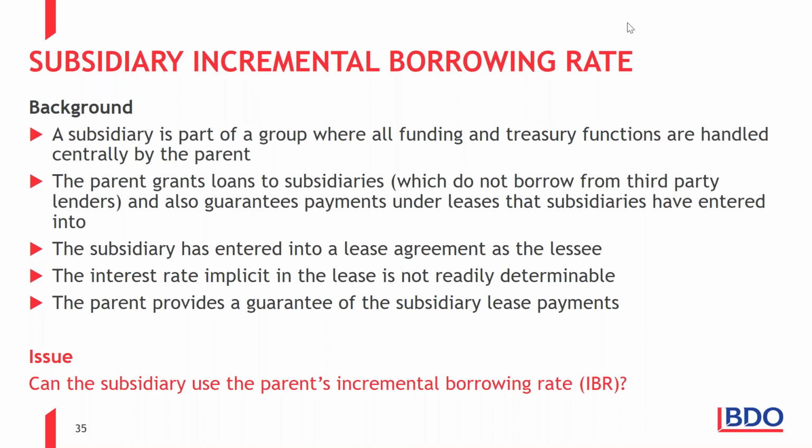If there is a guarantee by the parent, then the subsidiary has access to the assets of the group, and that should be taken into account when considering the incremental borrowing rate and the credit spread that's applied to the base rate.